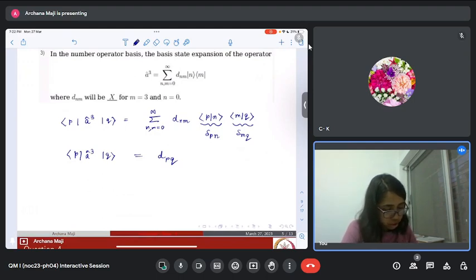Fine. Now these are dummy variables, you can call it d_pq, doesn't matter, but the thing you have to calculate is this coefficient when m equal to 3 and n equal to 0.